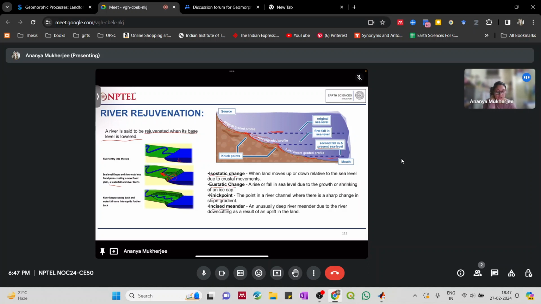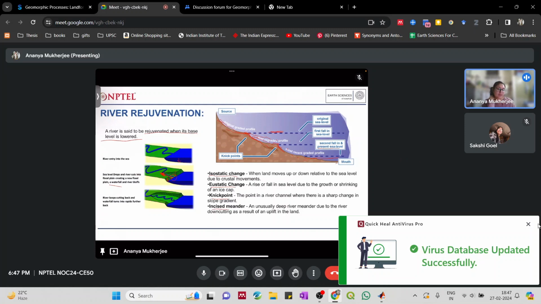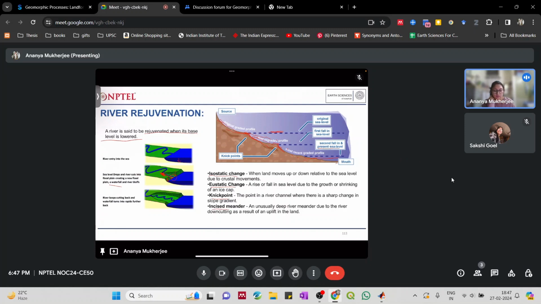So isostatic change is when the land also moves up and down relative to the sea level changes that are happening. Mostly these are due to the endogenic processes that we have seen before, crustal movements or plate tectonic movements.